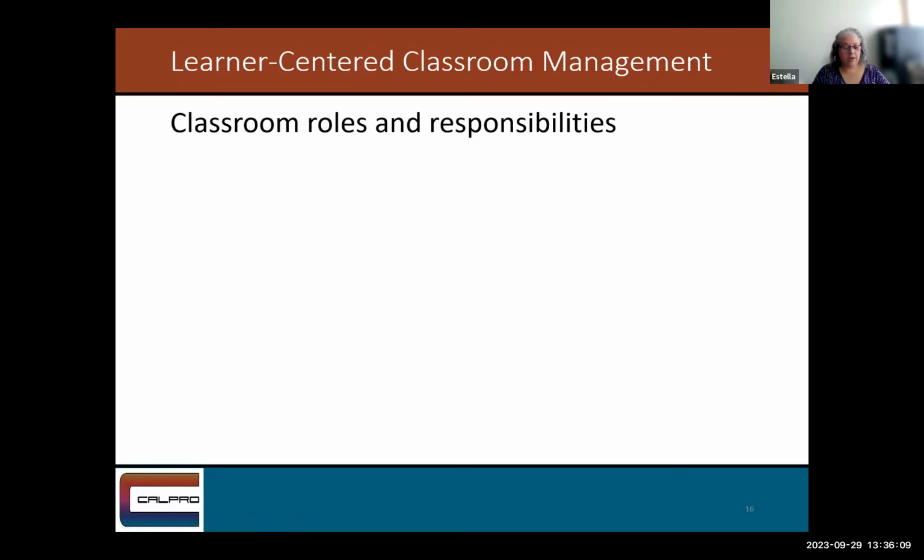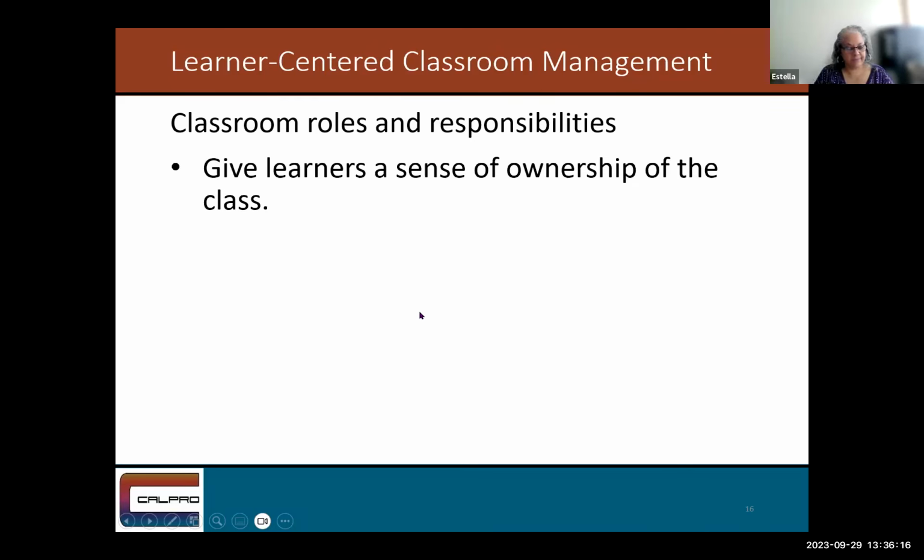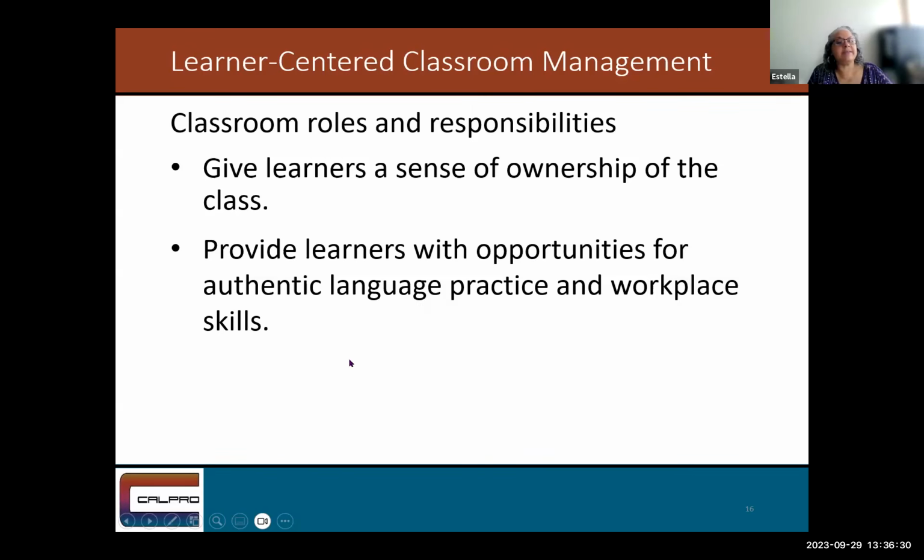So why are learner-centered management classroom jobs effective in an ESL multi-level class? So one is that it gives students a sense of ownership over the class, right? Another is that it provides learners with opportunities for authentic language practice and workplace skills, right?